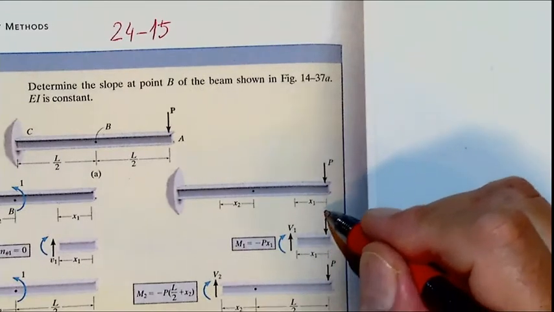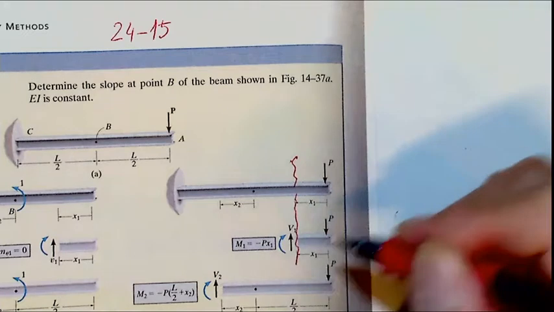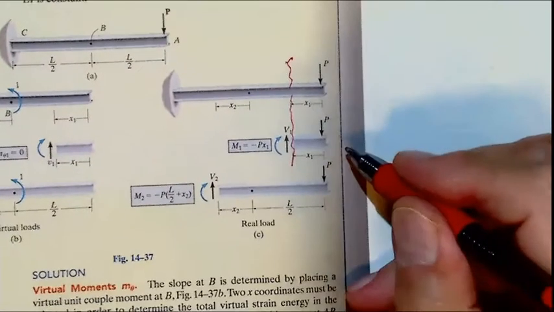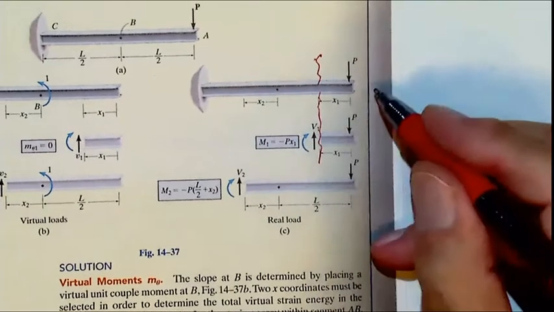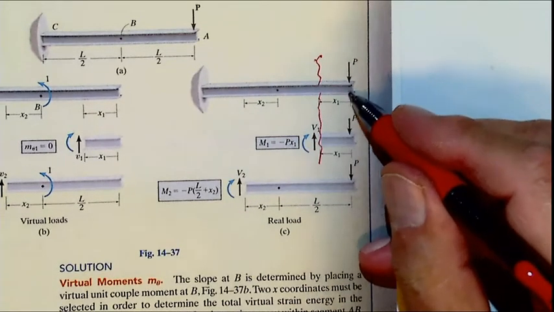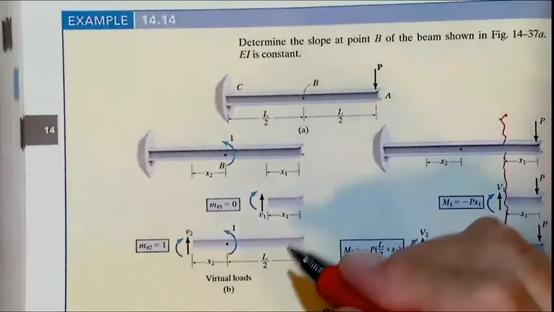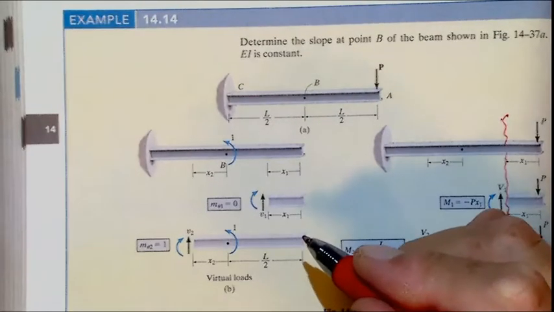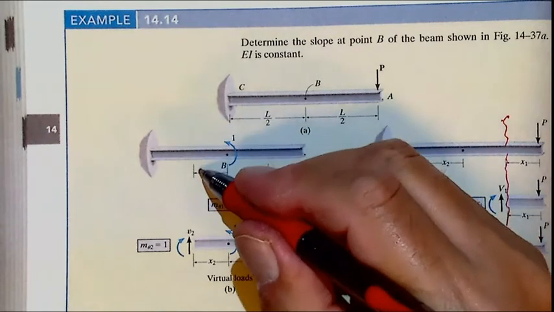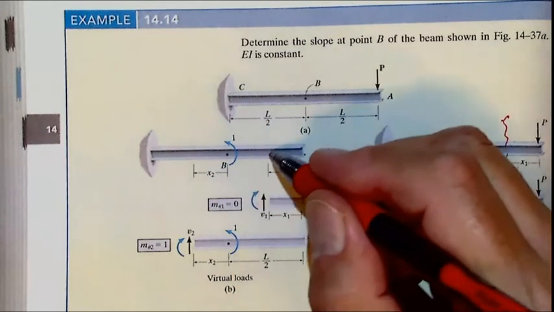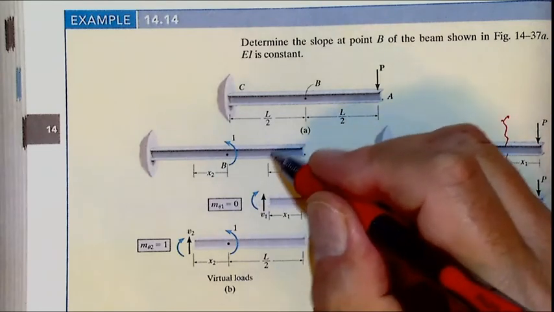Real moment equals, look please, if I cut here, then Vy equals P, and bending moment equals minus Px, P times x. Here, then there is one part and second part. There is a discontinuity. Here, naturally, Vy equals 0 and moment equals 0 because there is nothing here.